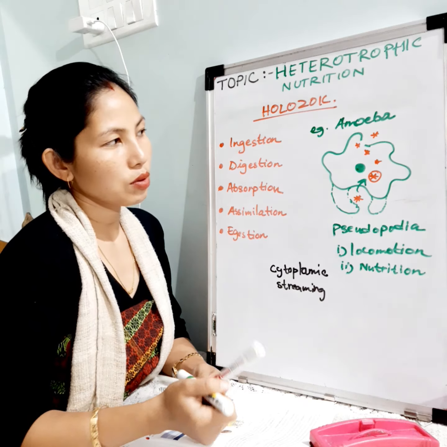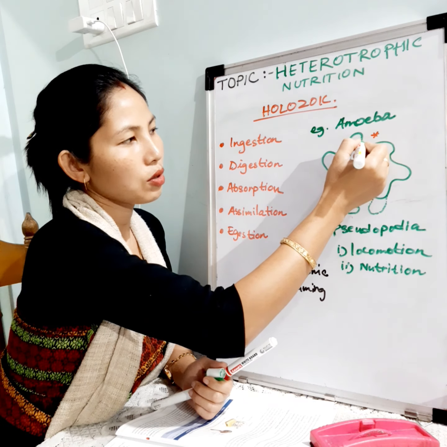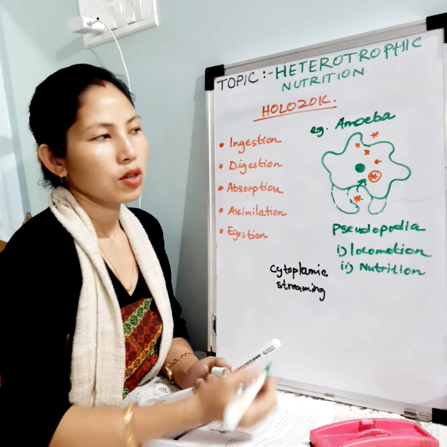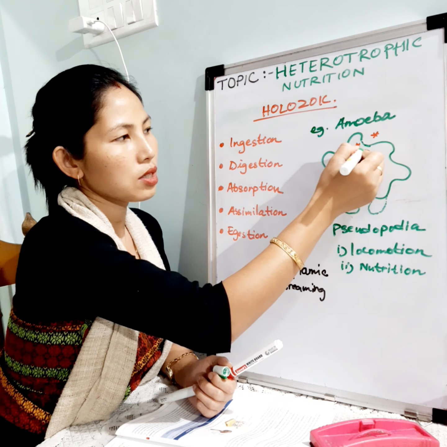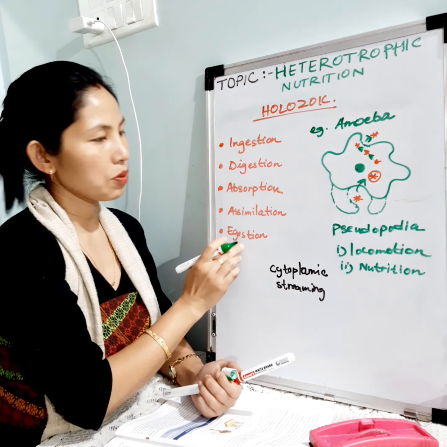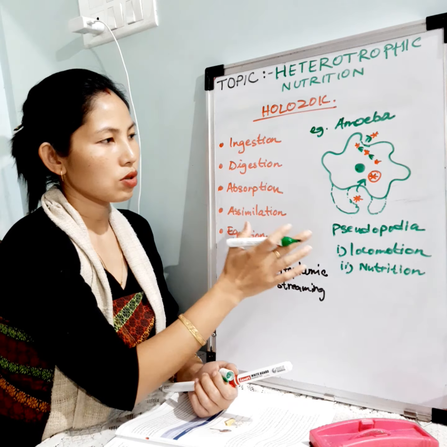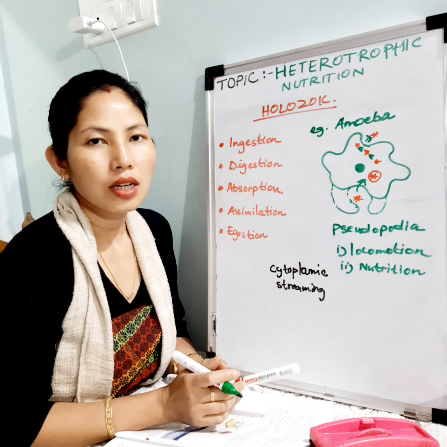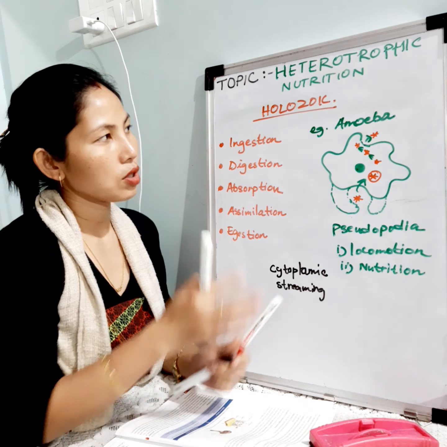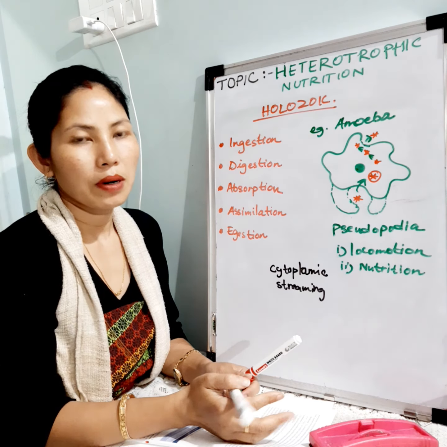And as soon as it is removed, the membrane will reorganize or reform. In this way the waste is removed, or the process of egestion is followed in case of amoeba. So this is how holozoic nutrition occurs in amoeba.